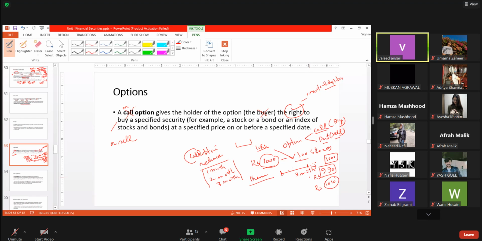Now, options have various terminologies like call option, put option, the exercise price, the price which is like 1000 rupees, the expiration period, the 3 months maturity period, the option premium which I just explained to you, and time value, intrinsic value, and so on.